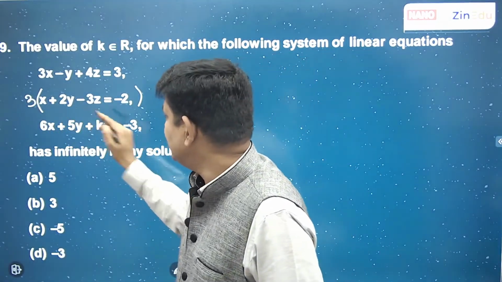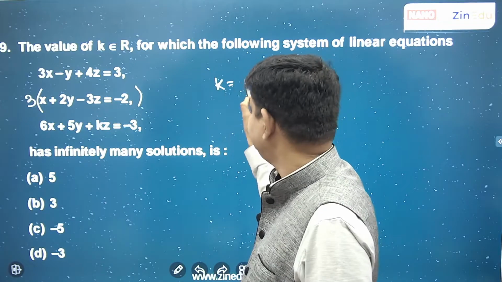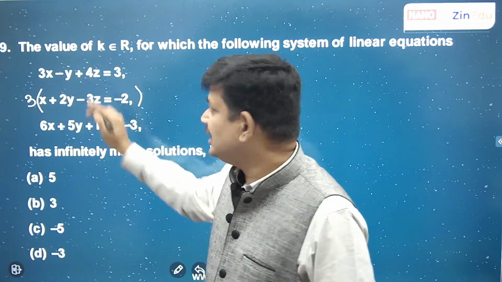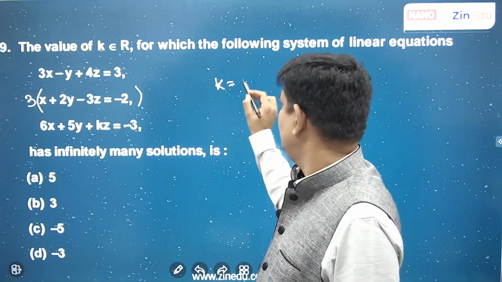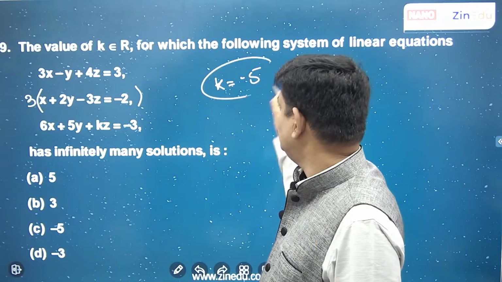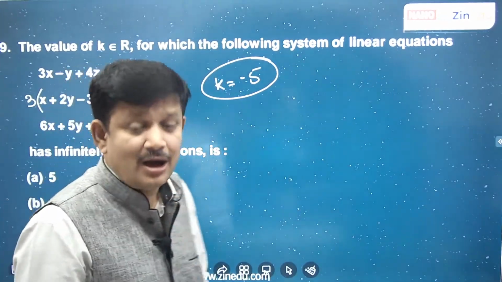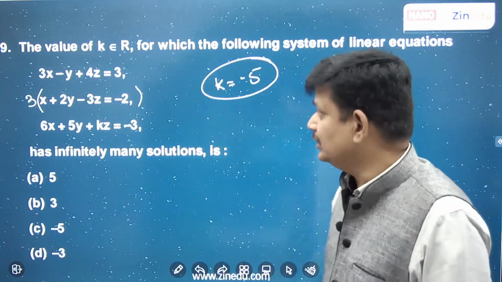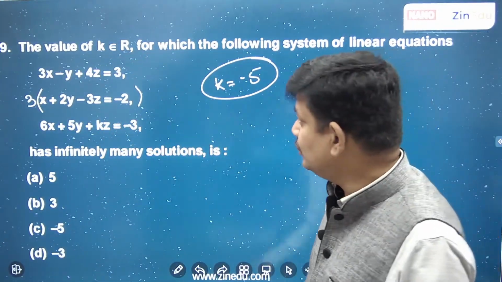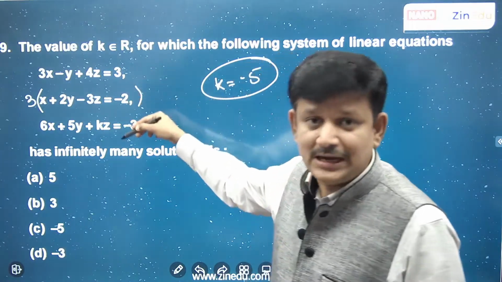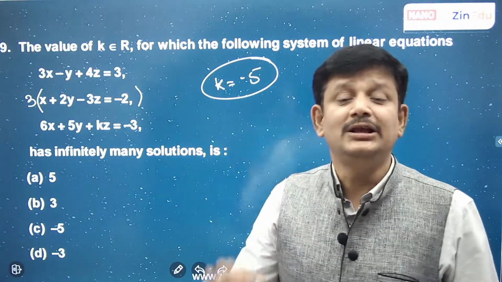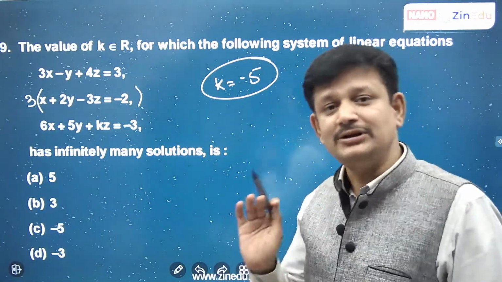So for this to satisfy, k should be equal to how much? Minus 9 plus 4, minus 5. So if k is equal to minus 5, then you will have infinitely many solutions or you will have no solution. No solution, how can you rule out? If the right hand side is also satisfying the linear combination, then you will have infinitely many solutions. Otherwise, you will have no solution.